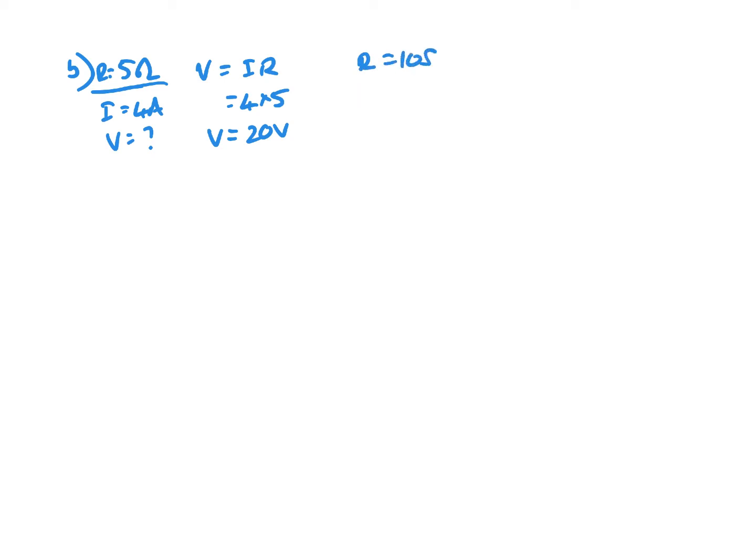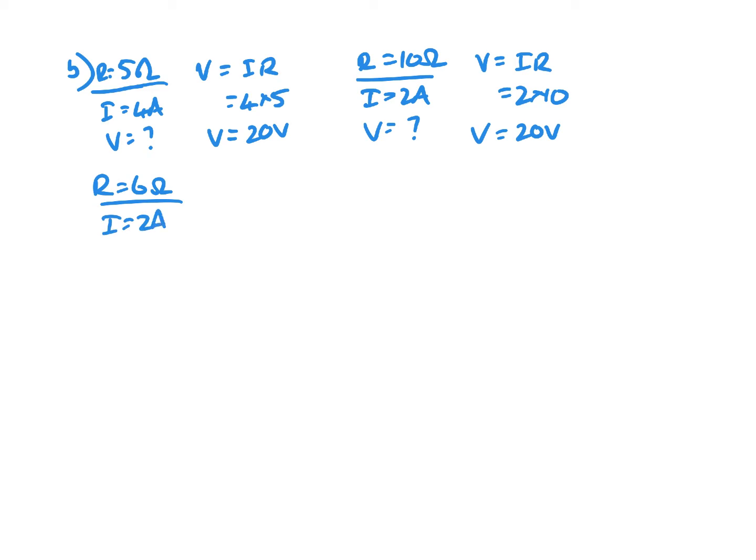So for the 5 ohm resistor, R is 5 ohms, I we worked out as 4 amps, V equals IR, that's our 5 ohm resistor. For the 10 ohm resistor, I is 2 amps. It's also 20 volts.